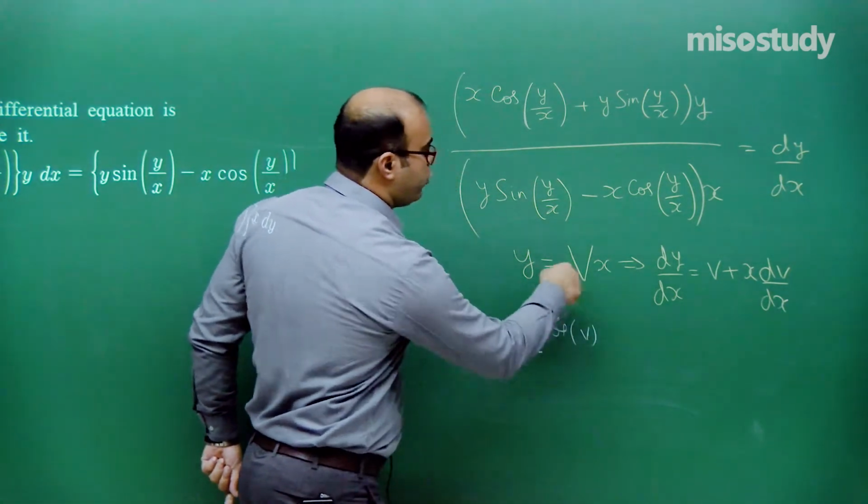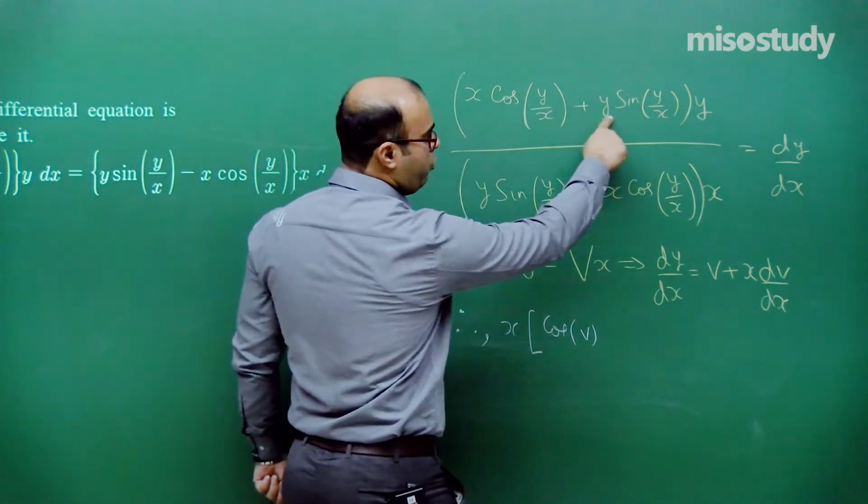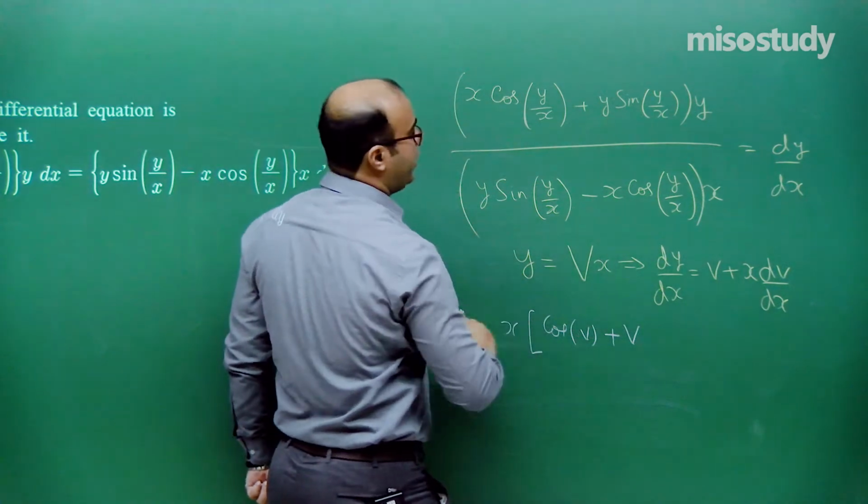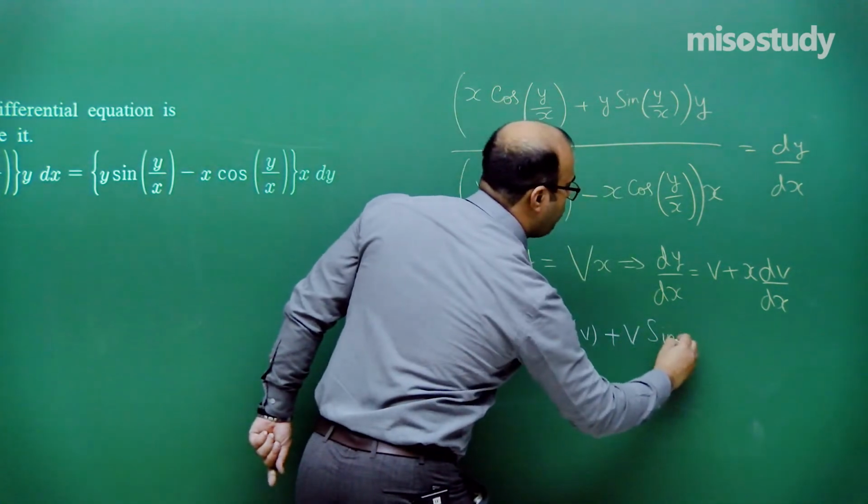cos y by x will be v. Of course y by x you will get v. Plus here you will get v, x is outside common, sine of v.